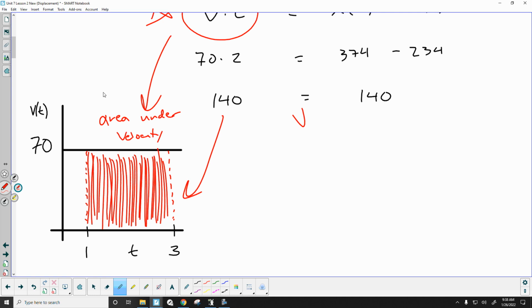Now I'm going to use the word area a lot starting from now. But I'm also going to use the word the accumulation of my velocity. If I accumulate all these velocities, I get my area, v times t, which gets this 140. Cool? All right.